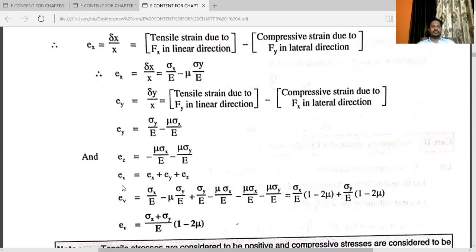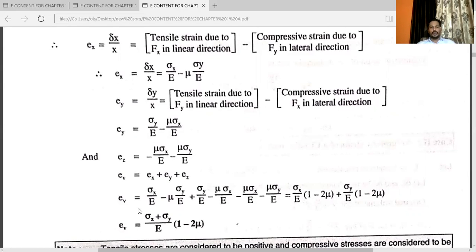So Ev is equal to Ex plus Ey plus Ez. You can see in this diagram we have the values of Ex, Ey and Ez.